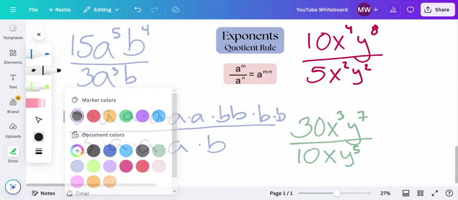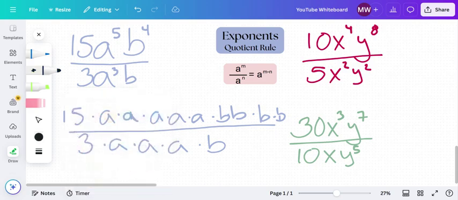So remember, we can cancel out things that match from the top to the bottom. So in this case, I'm going to cancel out as many pairs of a's as I can find. So that's 3 a's I can get rid of on the top and the bottom. And then I can only cancel out one pair of b's.